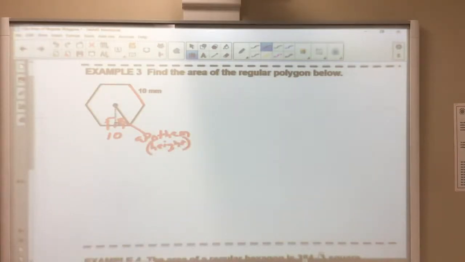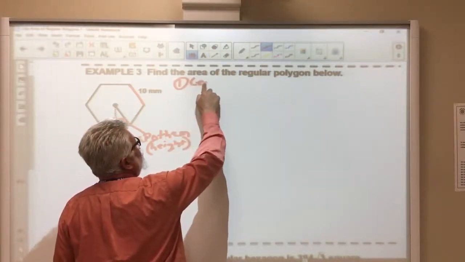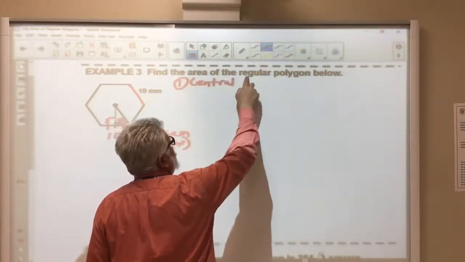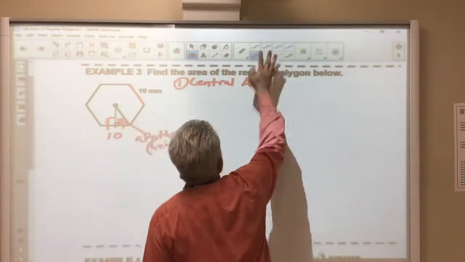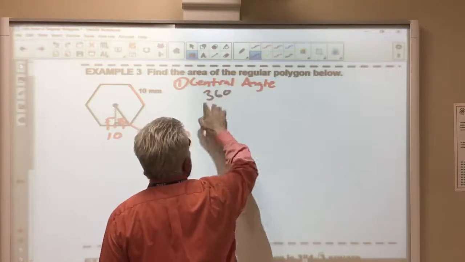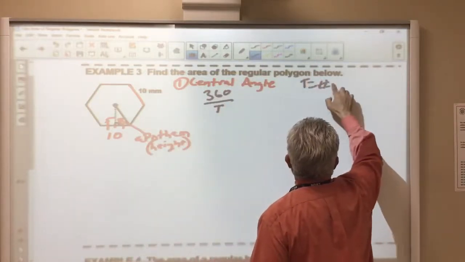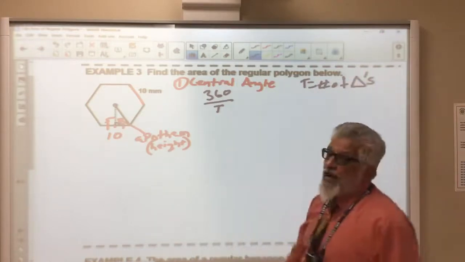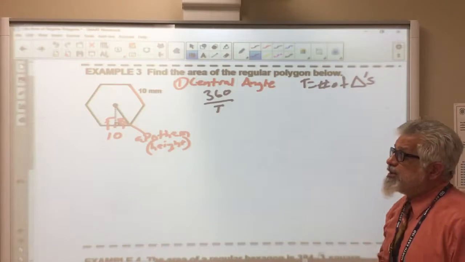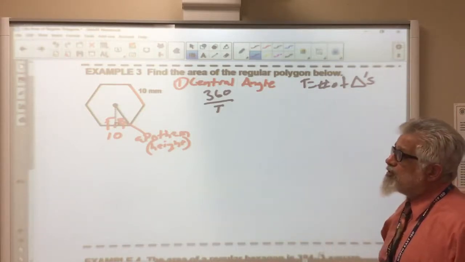And to do that, the first thing I got to do is find the central angle. Now to find the central angle, I'm going to take 360 degrees and divide it by the number of triangles. That's T. T is going to be the number of triangles.